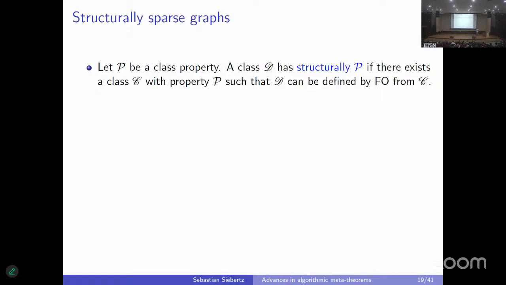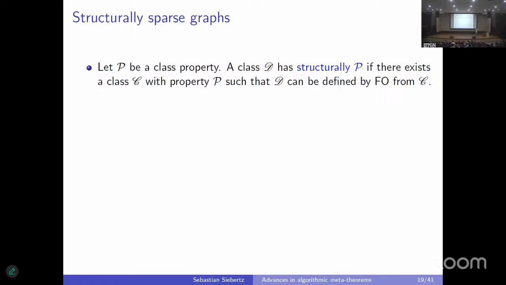So it seems very reasonable that if you have a class that has structurally some property, you will be able to recover the underlying graph class with the property that you are interested in.